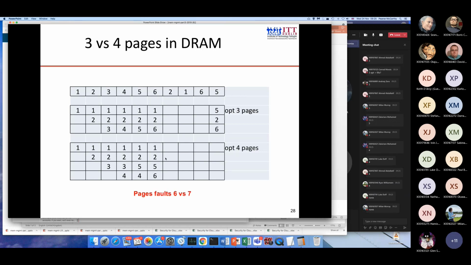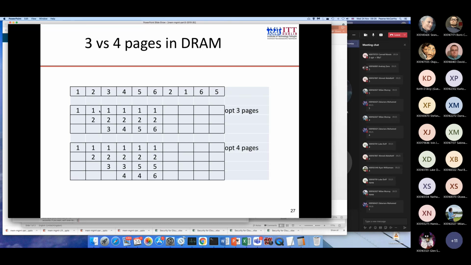And there. So 1, it's already there. 6, it's already there. So 5. This one here, right? Bring in 5. 1, 2, and 6. Which one will I get rid of? I have no future.